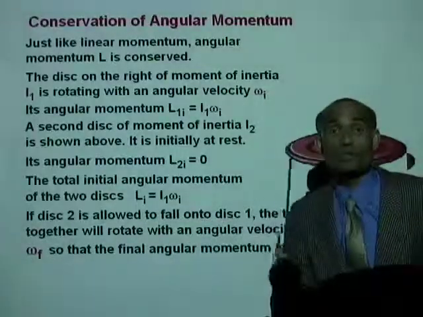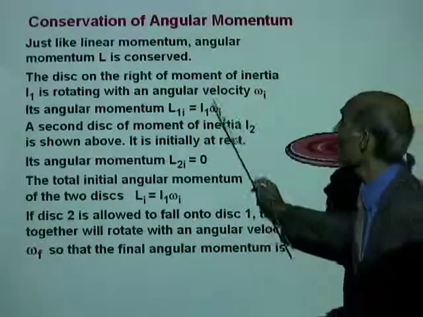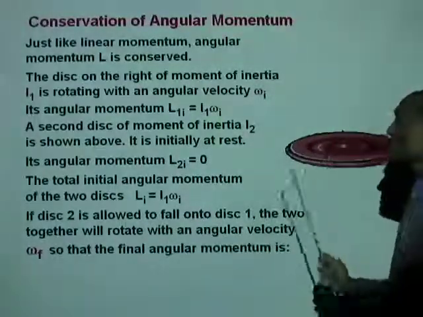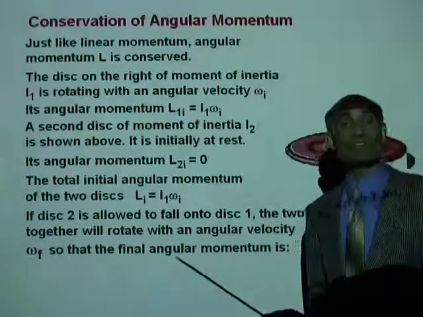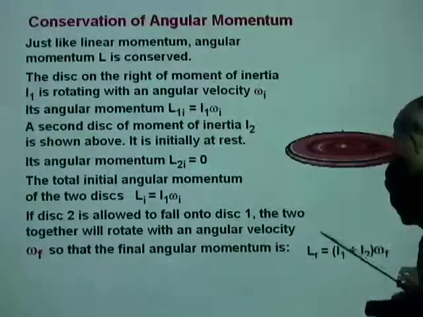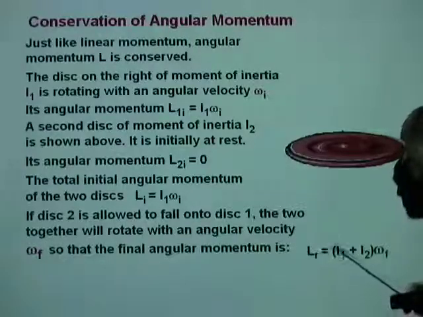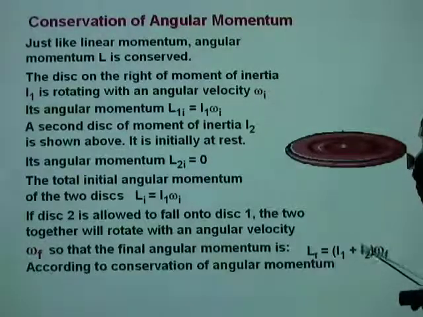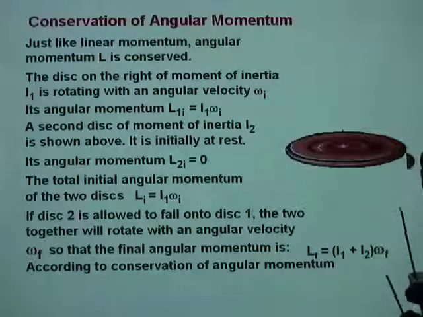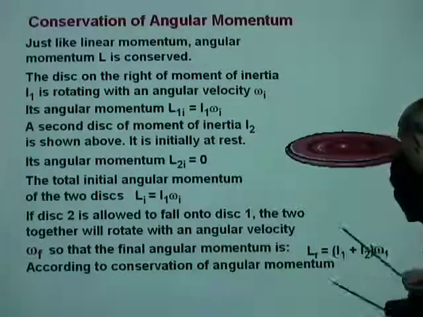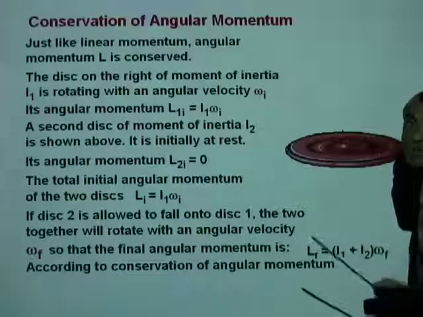That means the total moment of inertia now is I1 plus I2. I2 is the moment of inertia of the second disk. So the final angular momentum is therefore I1 plus I2 omega f. You see, the total angular momentum is now I1 plus I2 omega f.